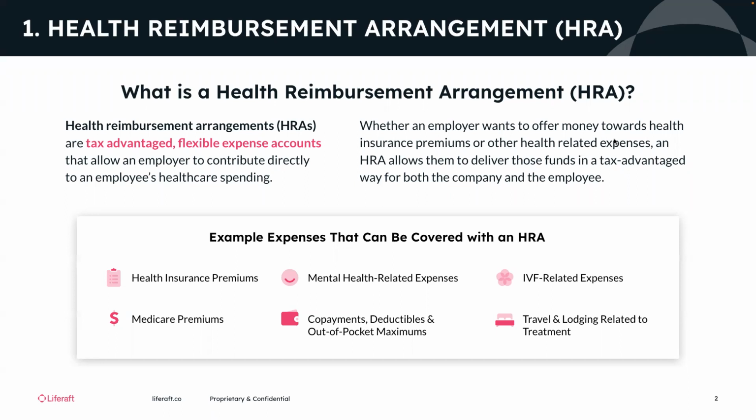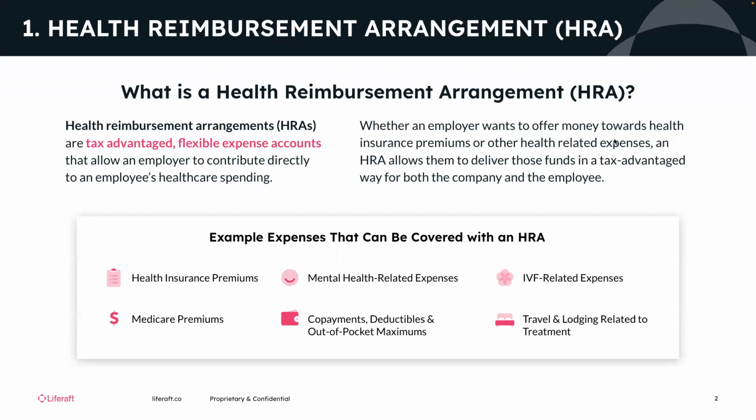The other great way to use an HRA, other than premiums, is to directly reimburse for care that is received by your employees. Some examples of that are mental health related expenses or IVF related expenses. The way I would think about those is if there are certain types of care that your employees are looking for that oftentimes are not going to be covered by your major medical policy, an HRA is a tax-advantaged way to offer them some amount of money towards seeking that type of care.